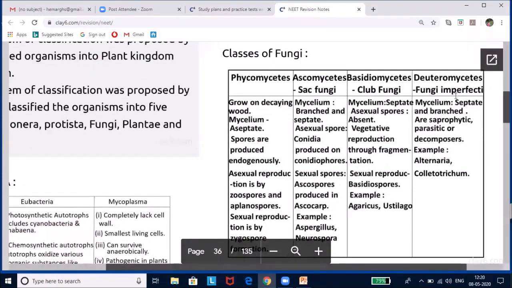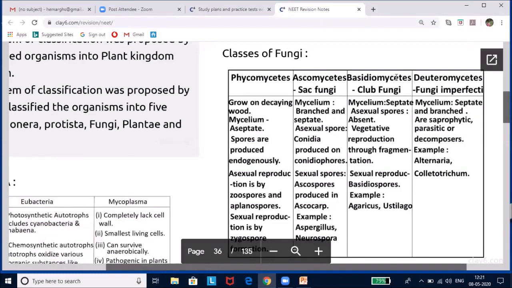Deuteromycetes. This is called fungi imperfecti because here the mycelium is septate and branched, it's all fine, but you do not find a perfect sexual stage. They are able to reproduce through asexual spores. But when their sexual cycle is understood, they are moved to Ascomycetes or Basidiomycetes.